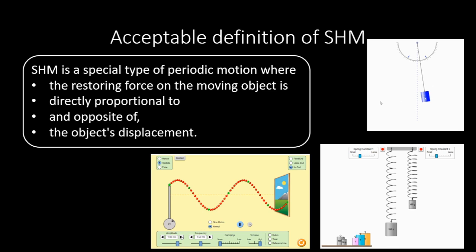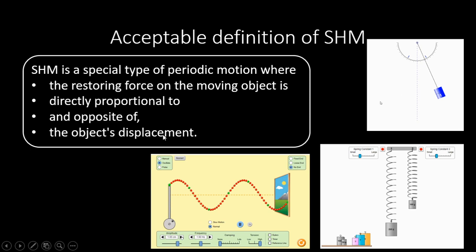So if there is displacement towards the left side, the restoring force will act towards the right side, and if there is displacement towards the right side, the restoring force will act to the left side, and the amount of restoring force is proportional to the displacement.